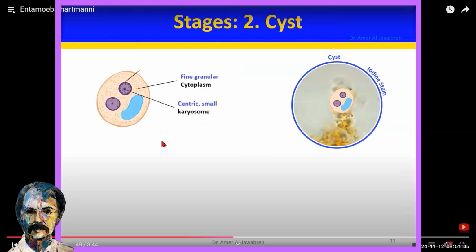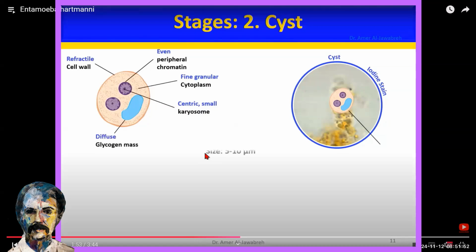Fine granular cytoplasm, centric small karyosome in the middle, and the chromatin is evenly distributed around the periphery. Refractile cell wall, which means they are going to produce a halo area because of the light reflection coming from the microscope. Diffuse glycogen mass here, size is 5 to 10.